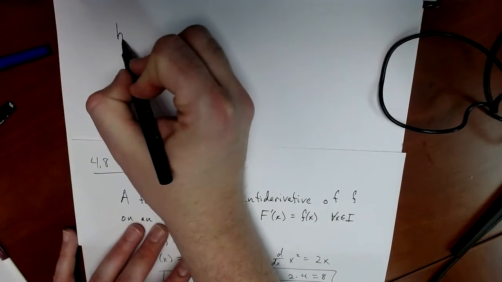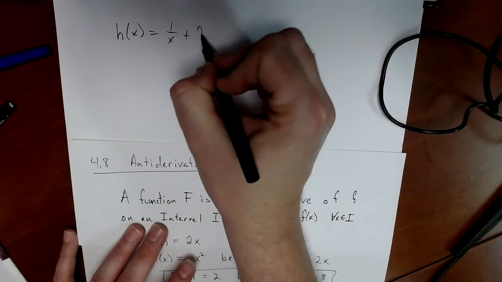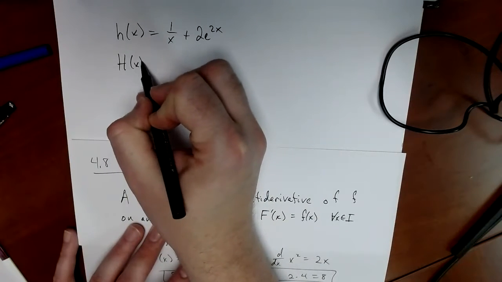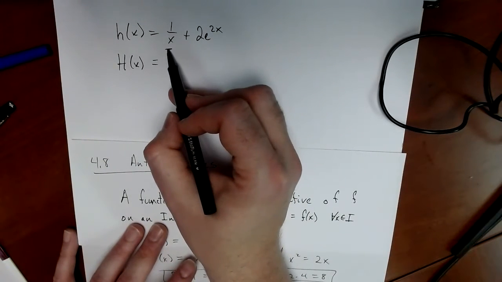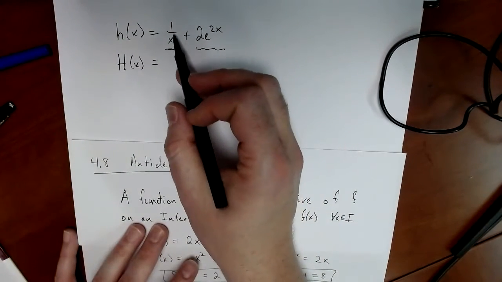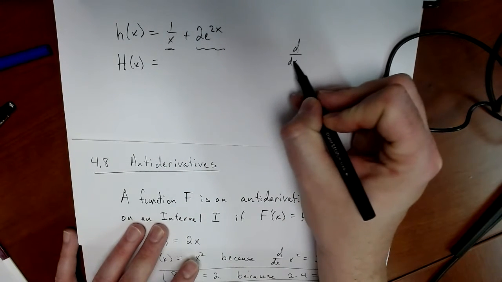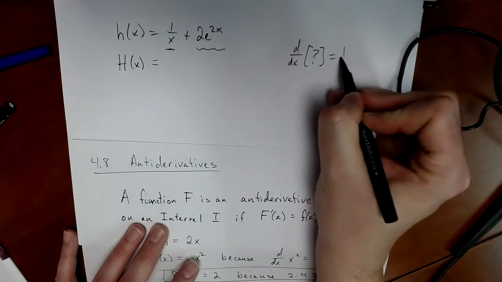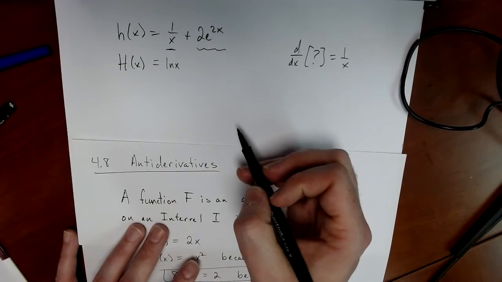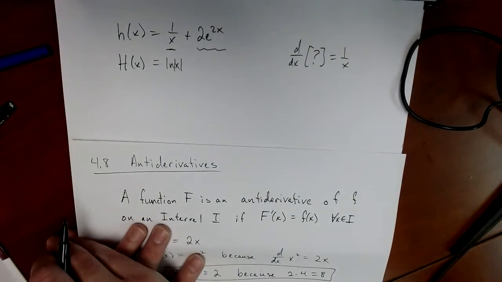So if we have h of x equals 1 over x plus 2e to the 2x, and I want to find an antiderivative of this, I can find an antiderivative of this guy separate than an antiderivative of that guy. So an antiderivative of 1 over x, what do we take the derivative of to get 1 over x? That's going to be the natural log of x. Except we don't know that x is positive, and natural log will only accept positive, so we're going to use an absolute value there.